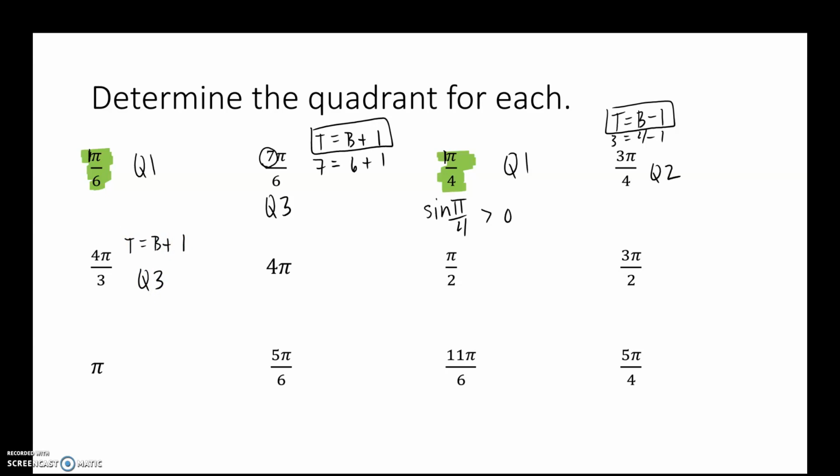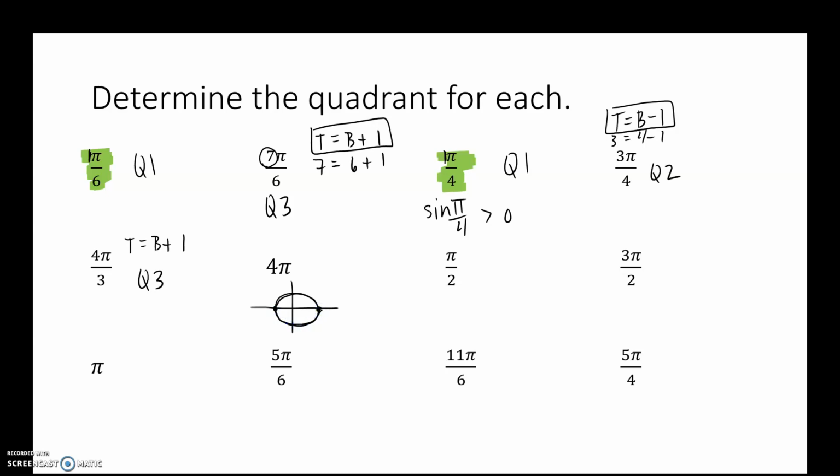4 pi. All right, well, 4 pi doesn't have a denominator. Don't freak out. Let's think about where we are on the unit circle. Here's 0. Half a rotation gets me to pi. Another half of a rotation gets me to 2 pi. So let me keep going. 3 pi, 4 pi.